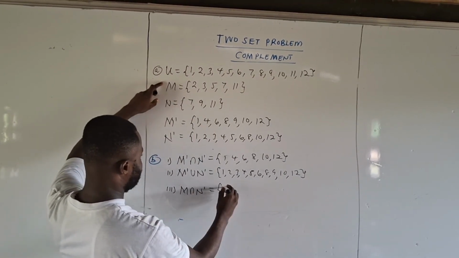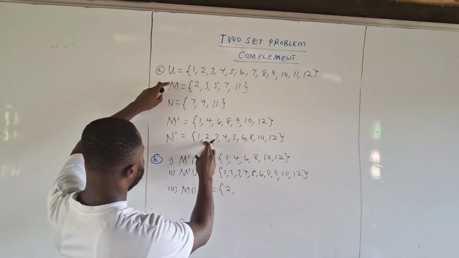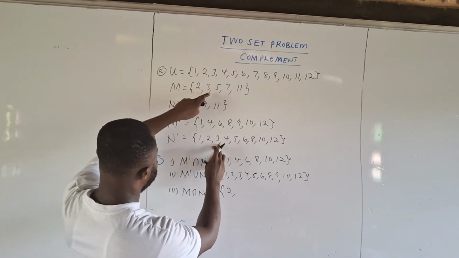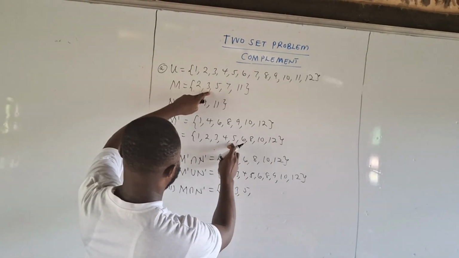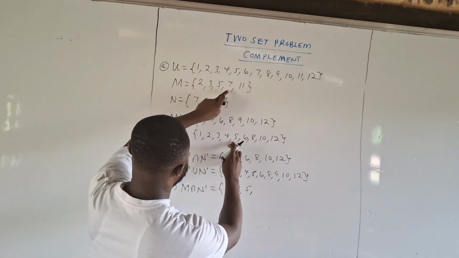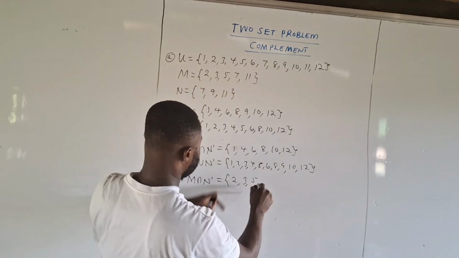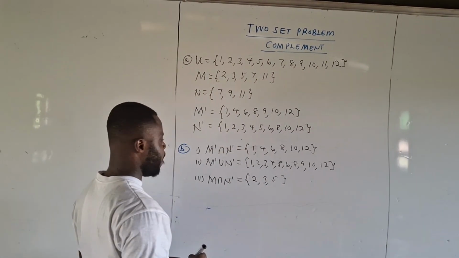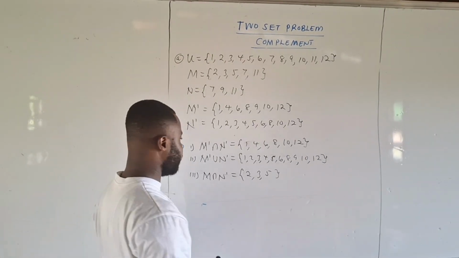Any common number? So we have 2 here, 2 here. We have 3, 3. We have 5. 5 is also common. Now 7 here, there's no 7. 8, there's no 8. 10, there's no 10. 12, there's no 12. So this is M intersection N complement.